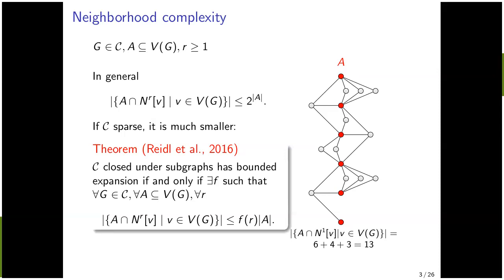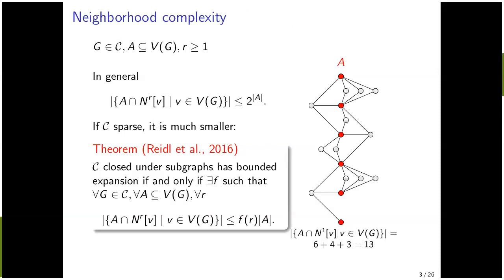So instead of having something exponential in |A|, we have something linear in |A| when the radius is fixed. Actually it's a characterization of classes of bounded expansion. Under the condition that C is closed under taking subgraphs, this property characterizes classes of bounded expansion.